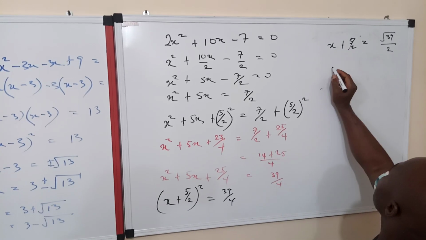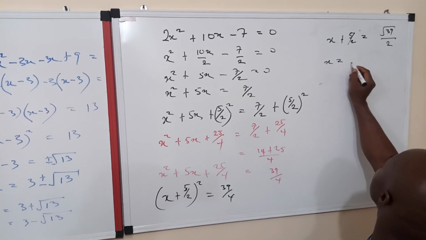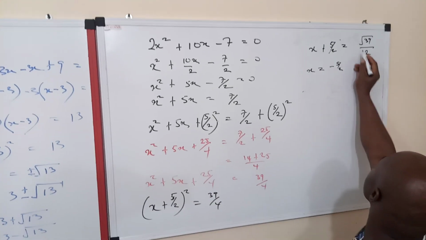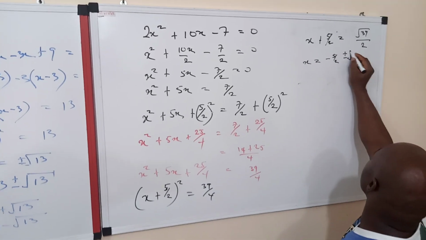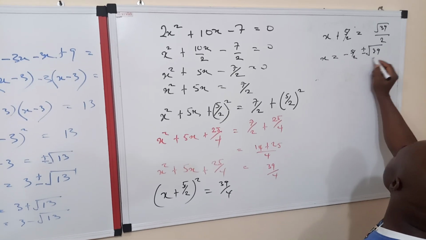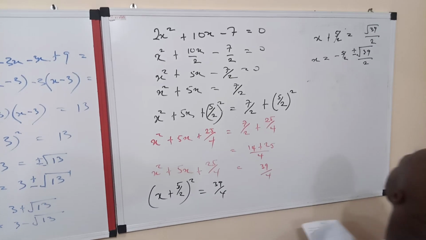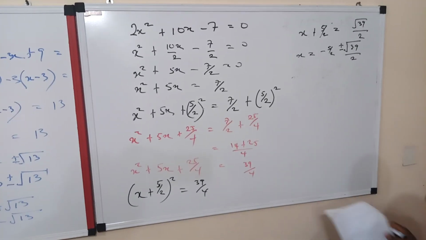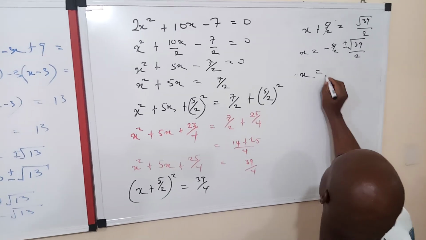Now take this to the other side of the borderline. So we have x is equal to, this one crossing becomes negative 5/2 plus or minus the square root of 39 over 2. So you can see that we have 2 here, we have 2 here. So the LCM is the same, so you can just have the denominator as just one thing.